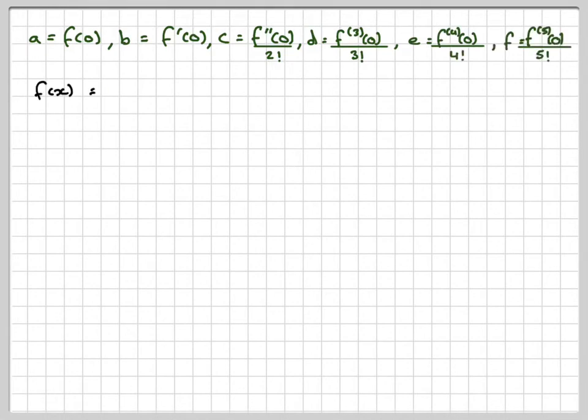Okay, my expansion that I started with will be a plus bx plus cx squared plus dx cubed plus ex to the 4th plus fx to the 5.